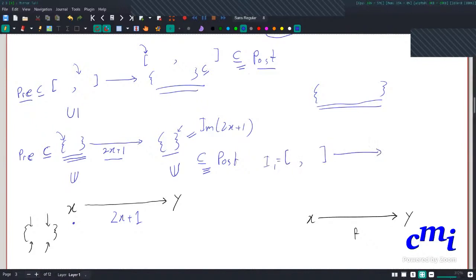Then I'm going to find another interval I2 over here such that the image of I1 under F is going to be contained inside I2. Then all I need to do is show that pre is contained inside I1 and that I2 is contained inside post, right? Is this clear?